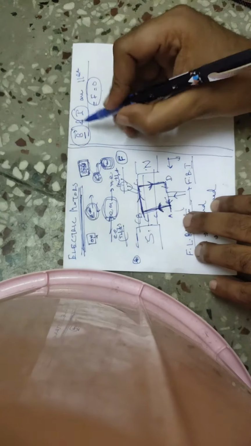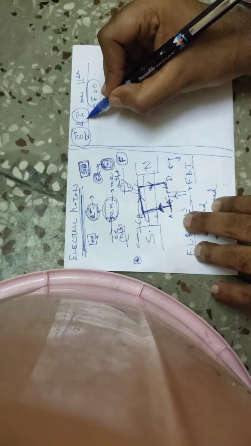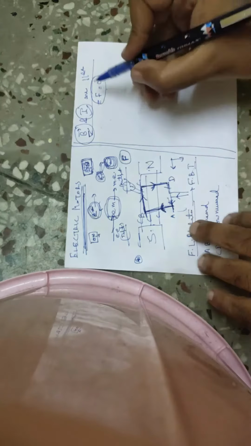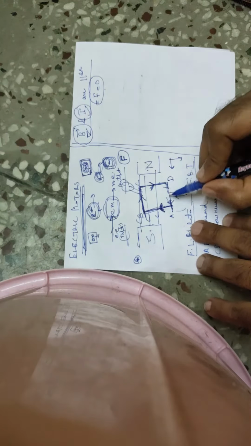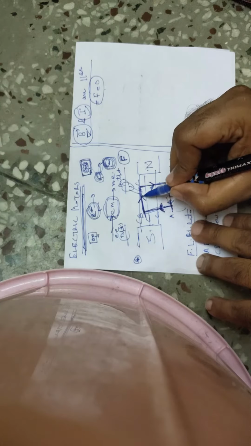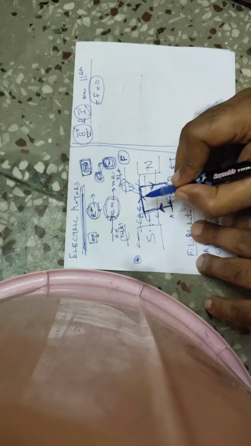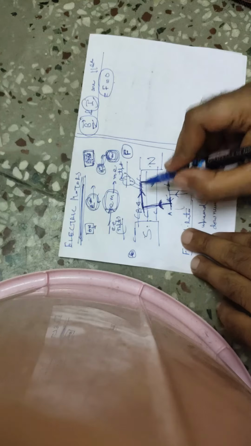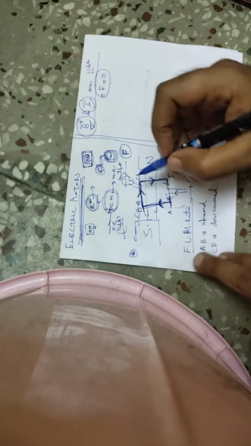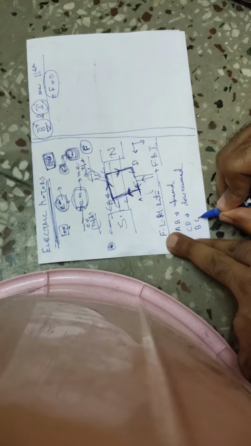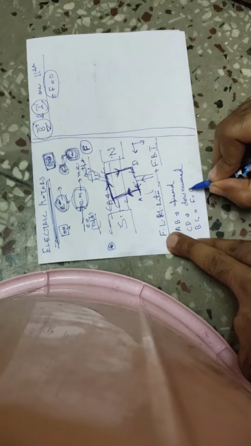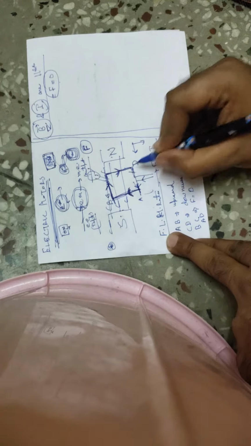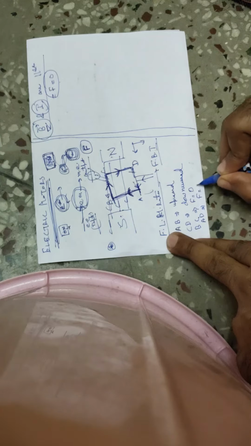When magnetic field and current are flowing parallel to each other, they won't exert any force on each other. Here the current is in this direction and the magnetic field is in this direction. Although they are opposite to each other, if you keep it straight, they are parallel to each other. So in section BC, F is equal to 0. In section AD, again the force is equal to 0.